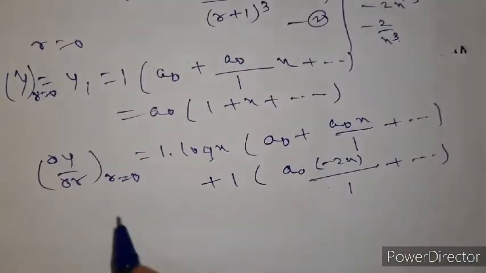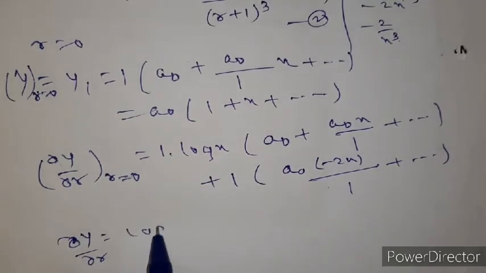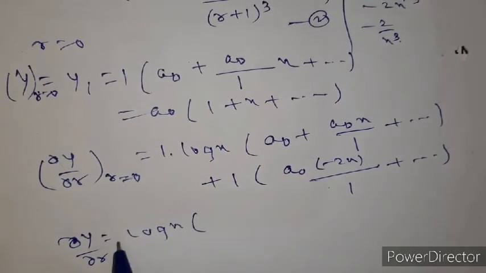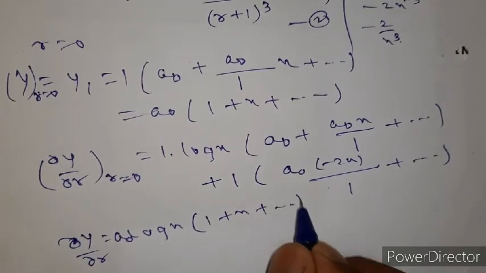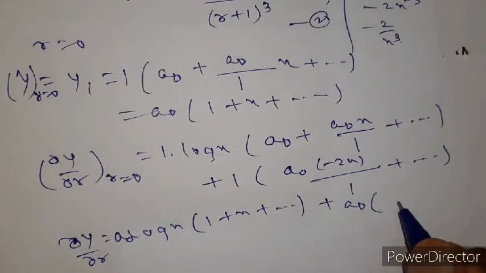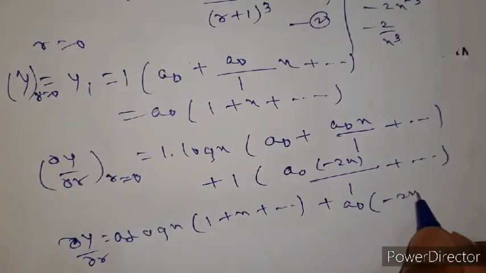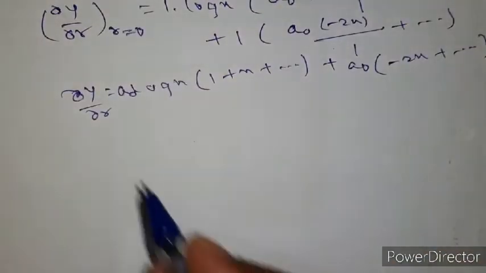So how do we write this? We write it properly: dou y by dou r is equal to, yes, log x, a0 outside, 1 plus x plus dot dot dot, plus again a0 outside, yes, minus 2x plus dot dot dot. Understood?